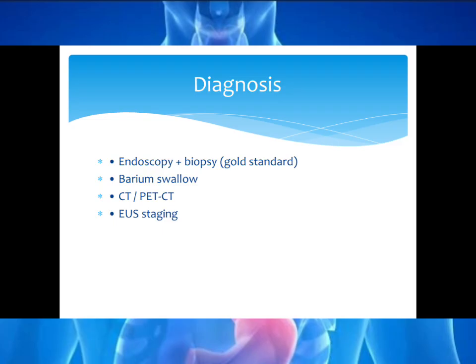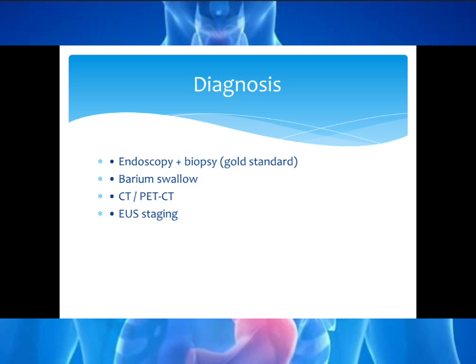How to diagnose a person with esophageal cancer? Investigation and staging workflow. First line investigation: upper GI endoscopy, esophagogastroduodenoscopy or EGD with targeted biopsy, for definitive diagnosis.